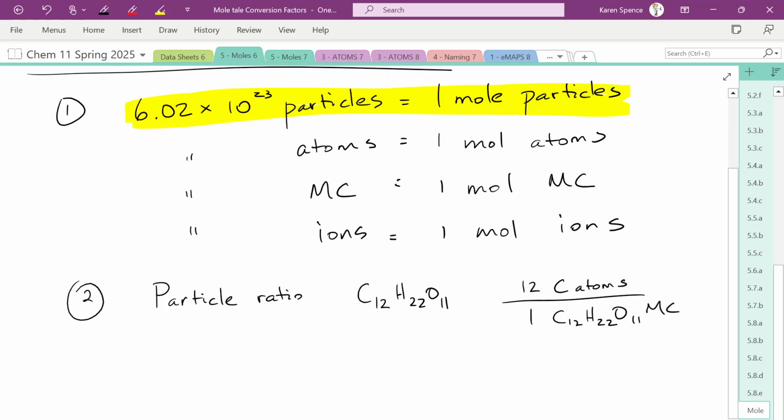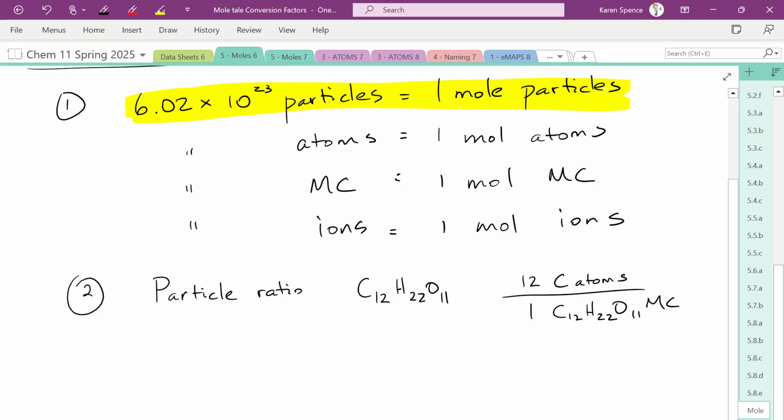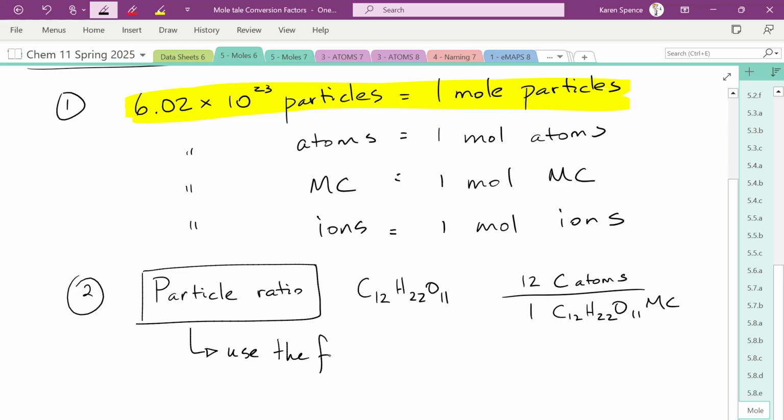And the only way to find the particle ratio is to use the formula and count. Does that ring bells? Remember doing that last week? Okay, cool. So let us carry on with a little bit of that.